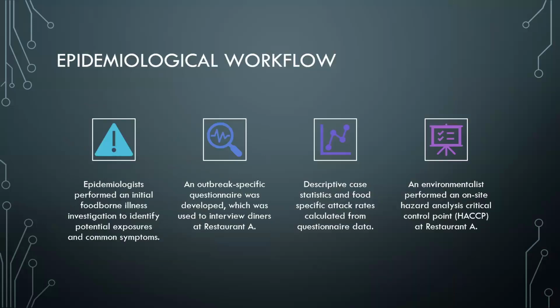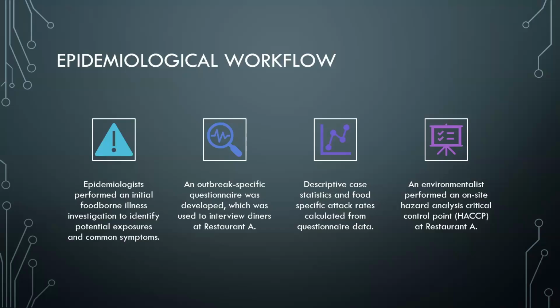So while we were doing the sequencing, Epi had continued their investigation. Our epidemiologists performed an initial foodborne illness investigation to identify any potential exposures and common symptoms. An outbreak-specific questionnaire was also then developed, which they used to interview diners at Restaurant A, since that's where the initial complaint came from.